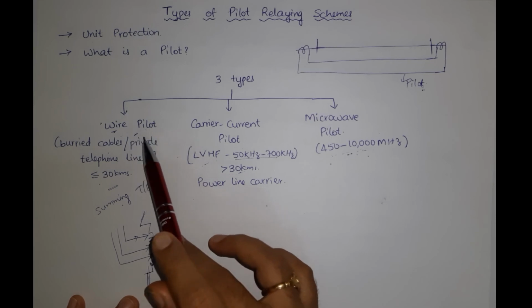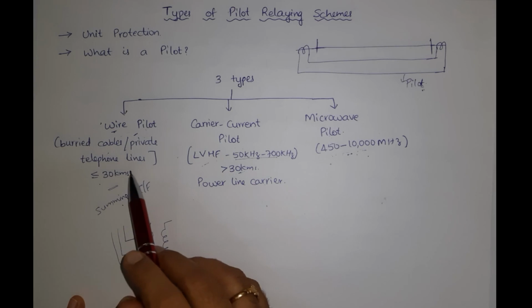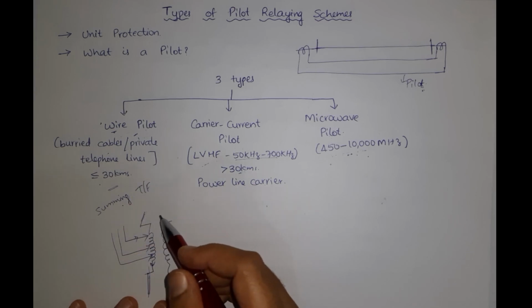Even with the summing transformer, it is only economical for transmission lines of length less than or equal to 30 kilometers.